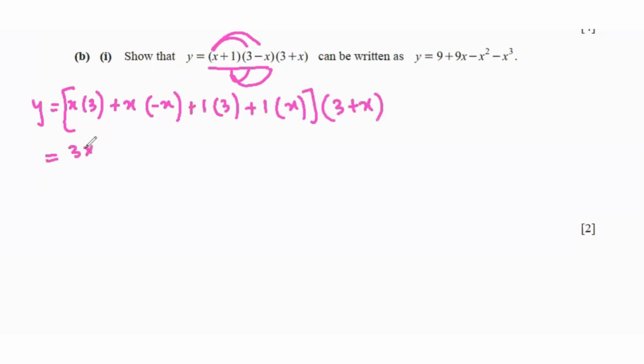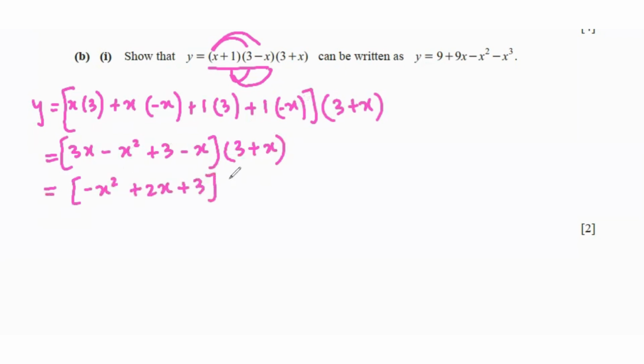It will be 3x minus x squared plus 3 minus x, times 3 plus x, which is -x squared plus 2x plus 3, times 3 plus x.